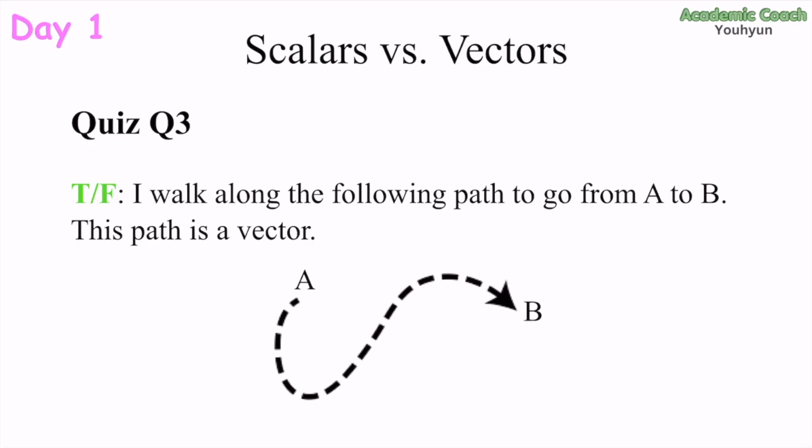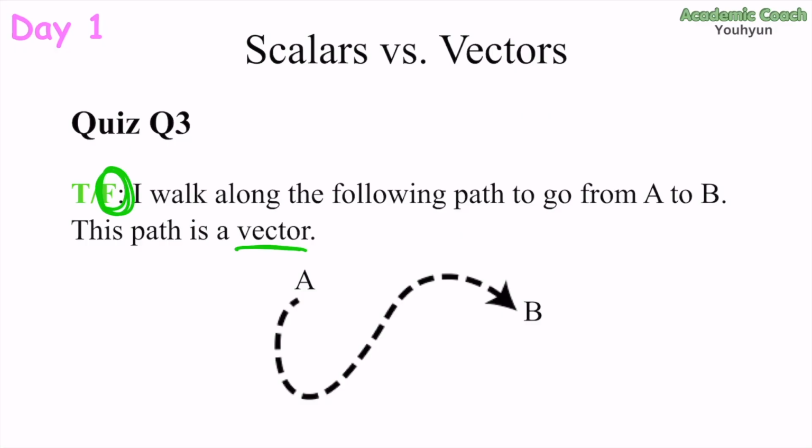And next, I walk along the following path to go from A to B. This path is a vector. So this time I drew out the path, and I also added an arrow. And the answer is false. Even though there is an arrow, this is not a vector. What we mean by vector is that it comes with a magnitude and direction.